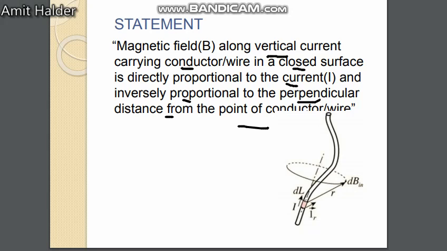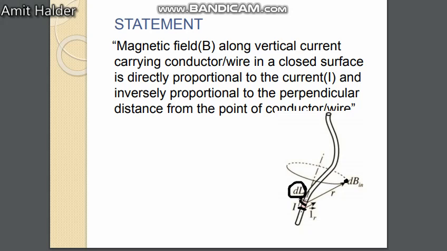If it is an infinitesimal wire, as in some statements we have studied before, just take some dl, a very small distance, and there is a point at which you have to calculate how much magnetic field that point feels.